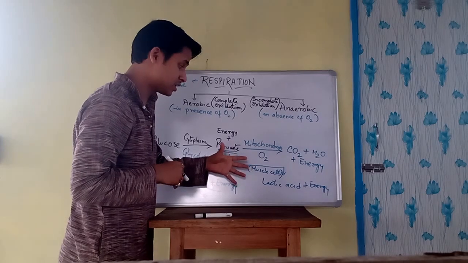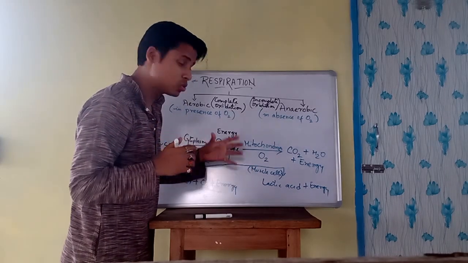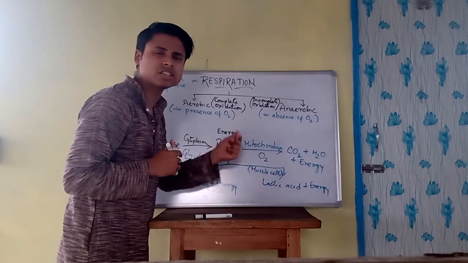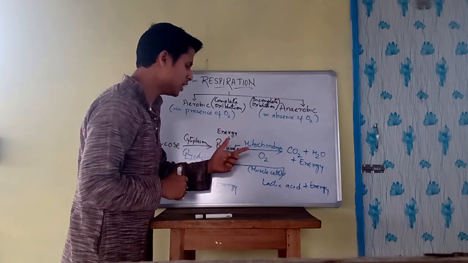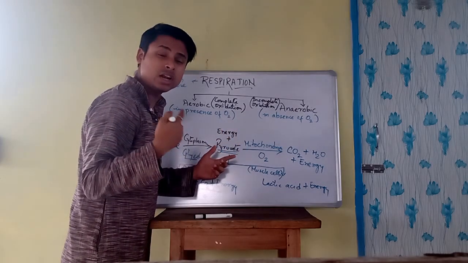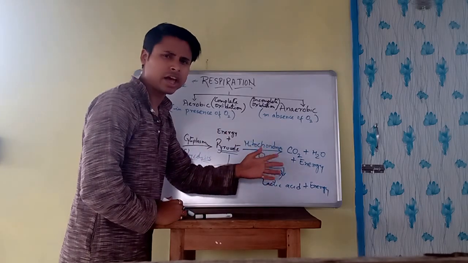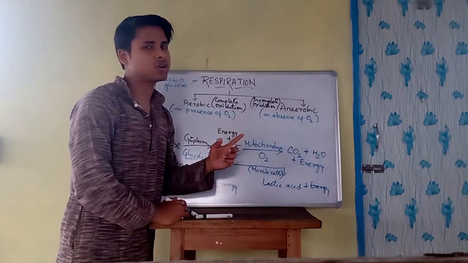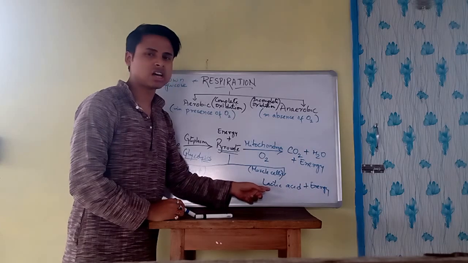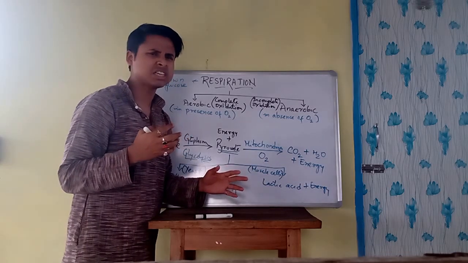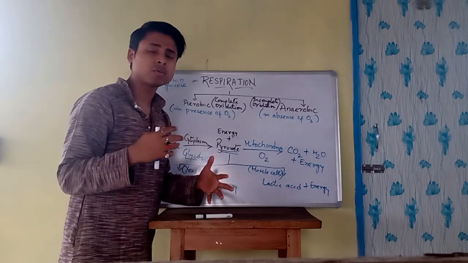Why don't the muscle cells wait for the oxygen? Because they have to provide energy fast so that the muscle cell will function, right? So here we can see lactic acid and energy, and the cramp is only because of the lactic acid. When a high amount of lactic acid is released, it causes cramps in the body.